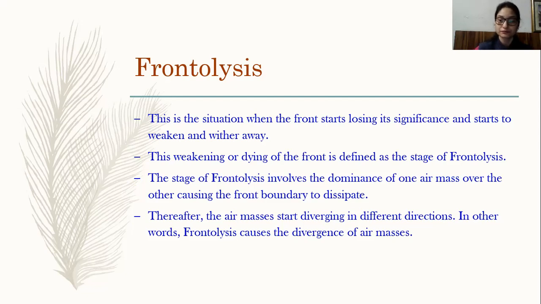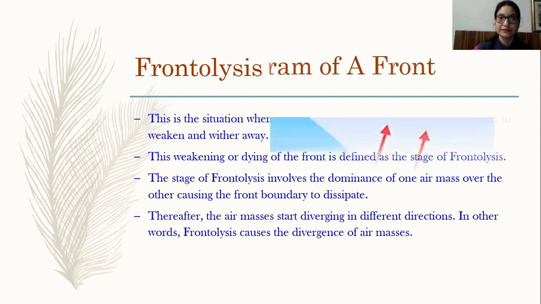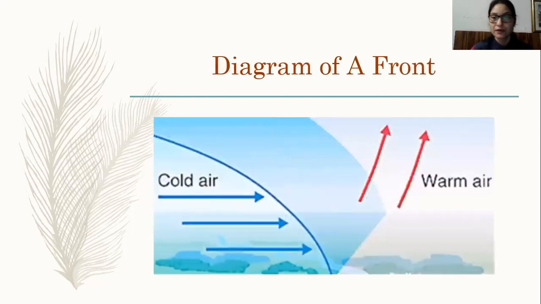So whenever the air masses start diverging in different directions, that means from one central point, when they move away from each other, and they move in different directions, then the fronts are destroyed and the frontolysis process begins.